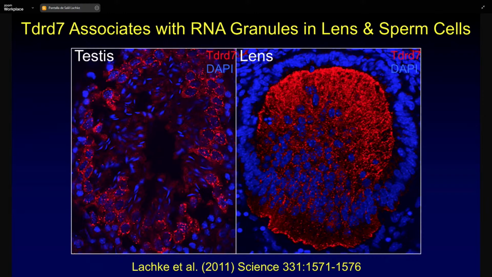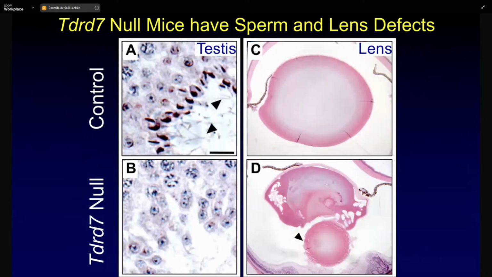And you can see a beautiful expression of TDRD7 in lens as well. Again, no way we could have gotten to this gene unless we used this unbiased resource. Okay, and of course, as this prediction of the expression shows, if you make a knockout mouse model, you get azoospermia, which is on the left, and a 100% penetrant lens cataract defect, which is shown on the right.